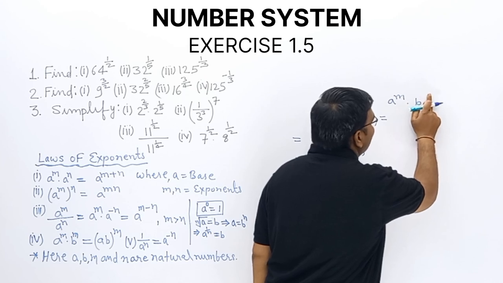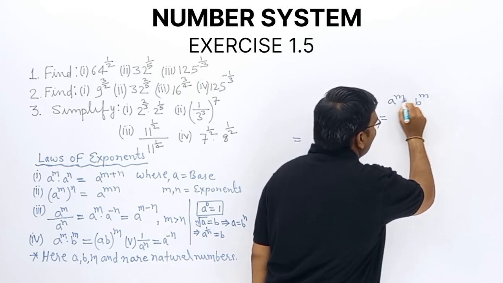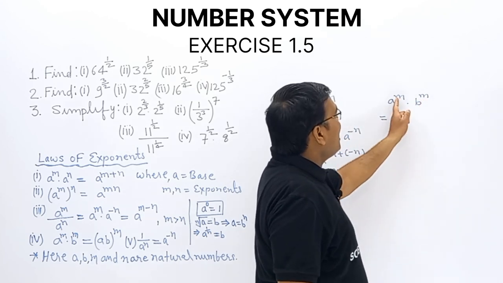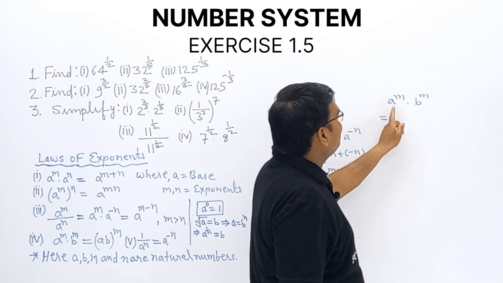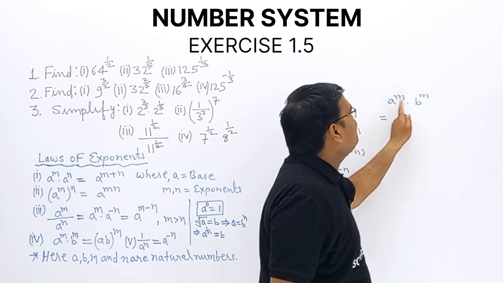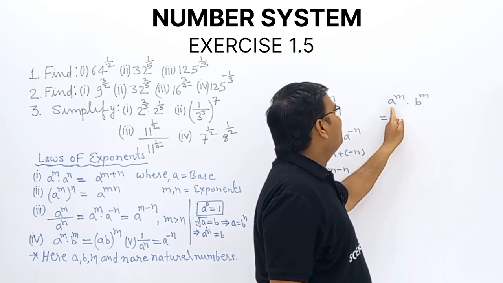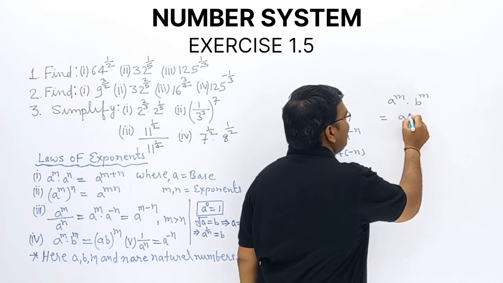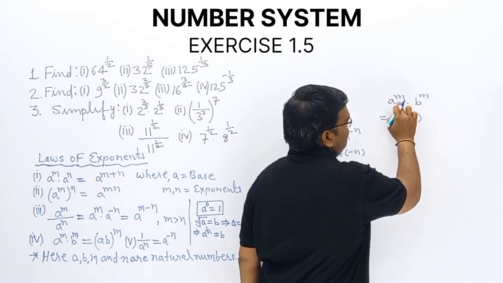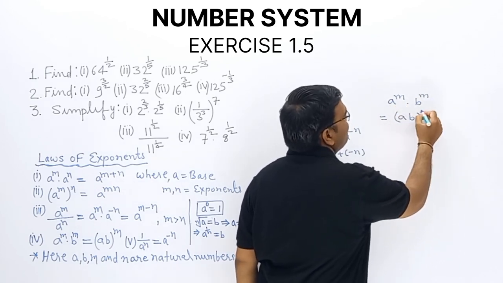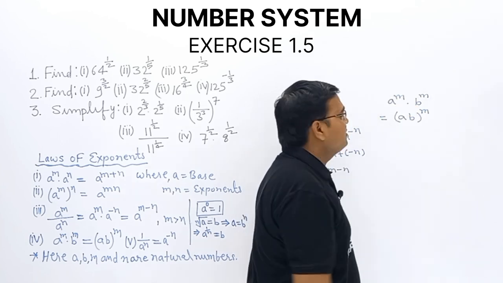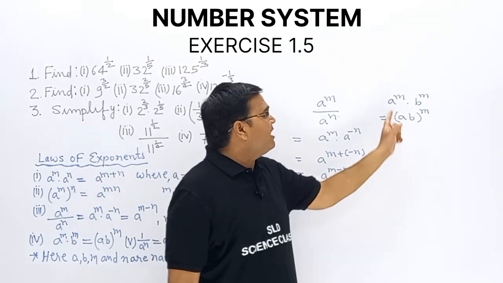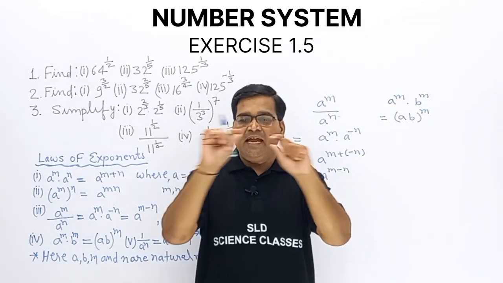Base is unequal but powers are equal. So what will we do? We will multiply the bases, a into b, and powers are equal. So we will do this one. If bases are equal, we will add.